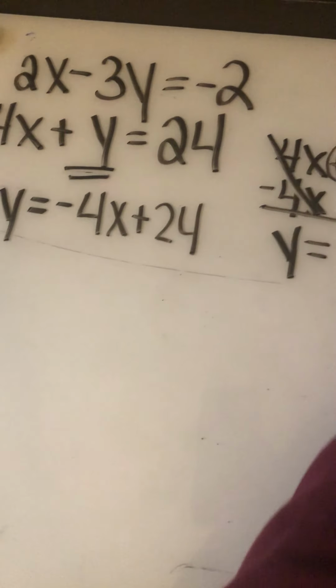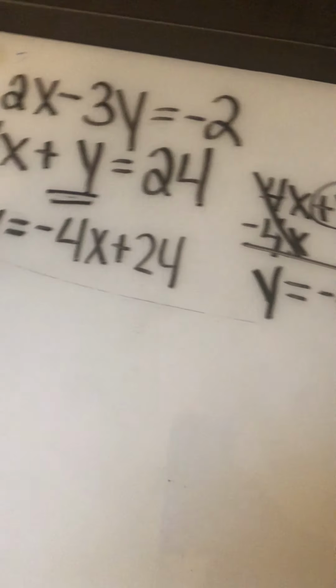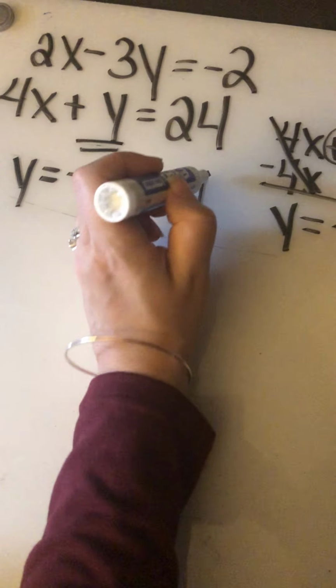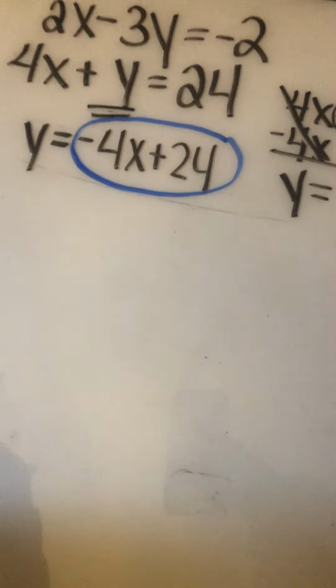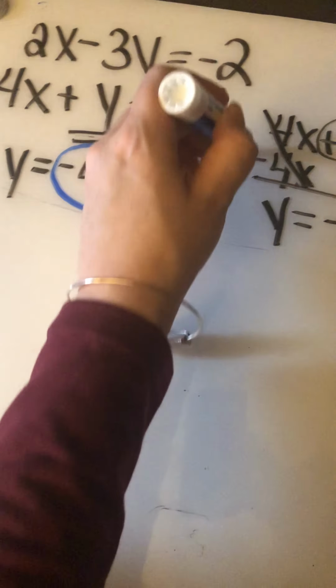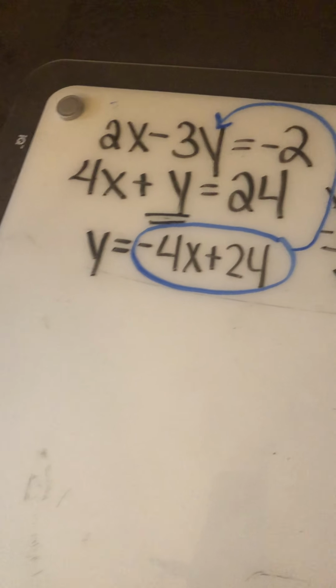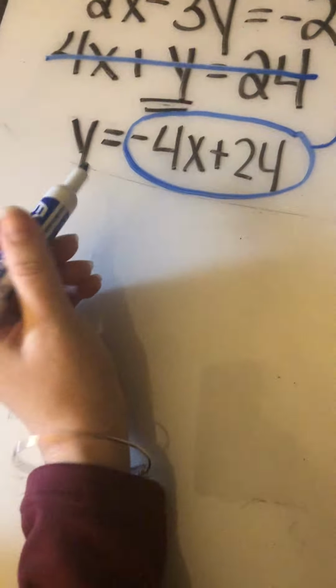I can now substitute this value of y into the other equation here. So once I've rewritten this equation, this one we no longer look at, we're now focusing on this.